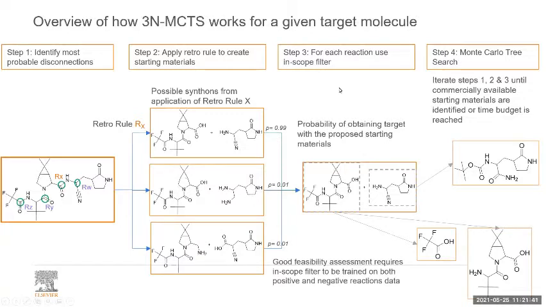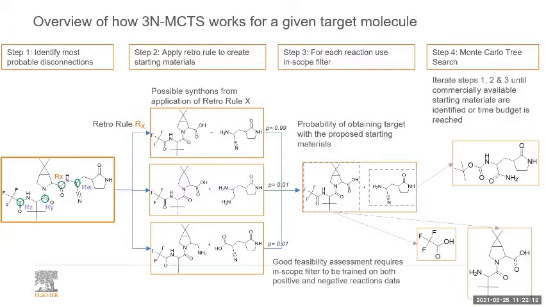If the starting material is available, then just stop right here. If not, then you need to make the other starting material as well. Then it starts again from steps 1, 2, and 3. It does this until it finds synthesis paths that start with available compounds for all branches, or a given time budget is exhausted.